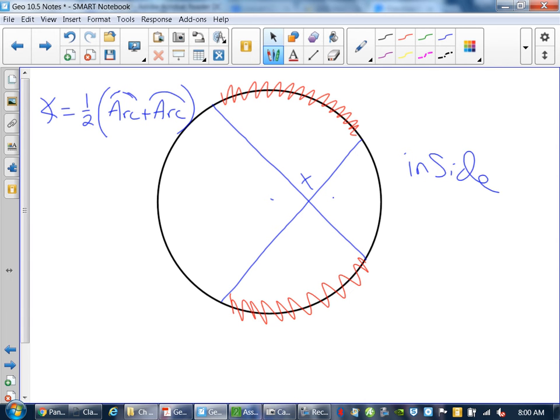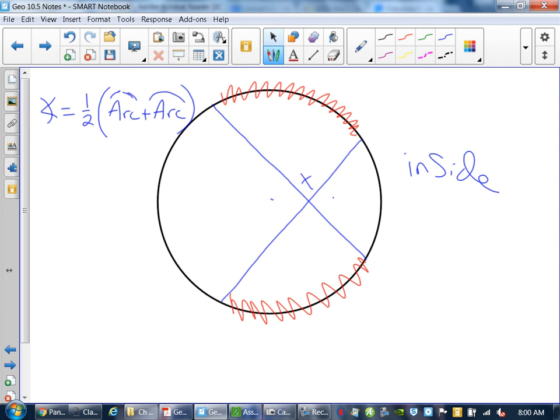So if you're inside, your angle equals half the sum of the two arcs it hits. All right? So we've got outside, far minus close, take half. Inside, add the arcs, take half. And then on is the last one.